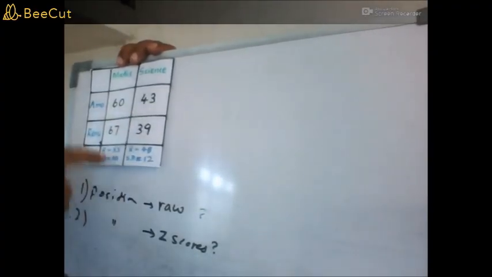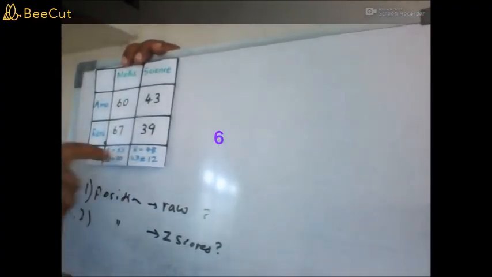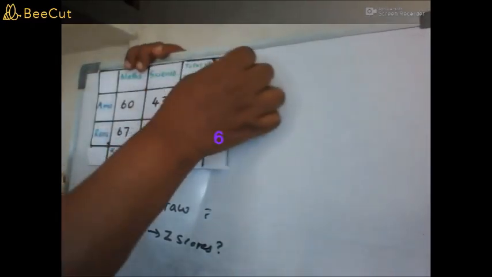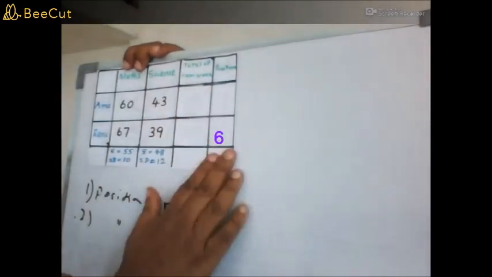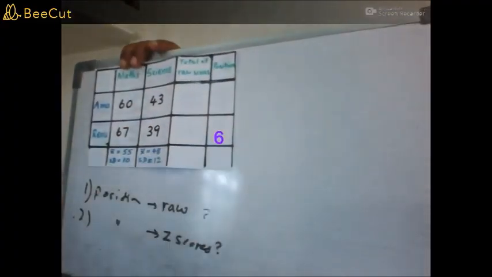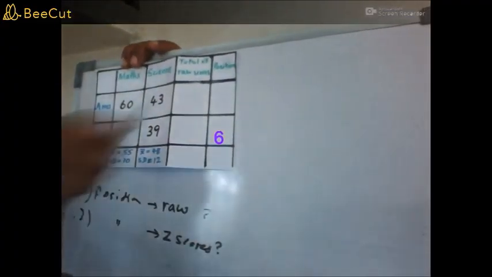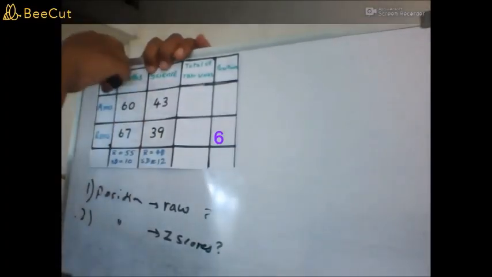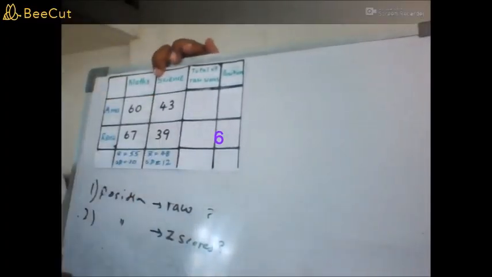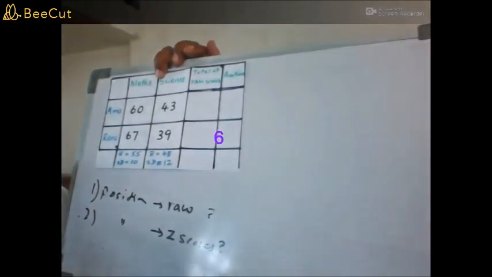So when you get a question like this, prepare a table like this. Then it is easy. Right. Now, this means total of raw scores. Now you can get the totals.